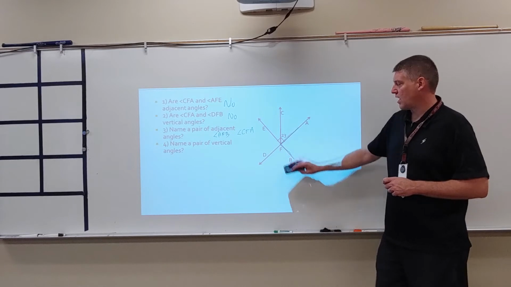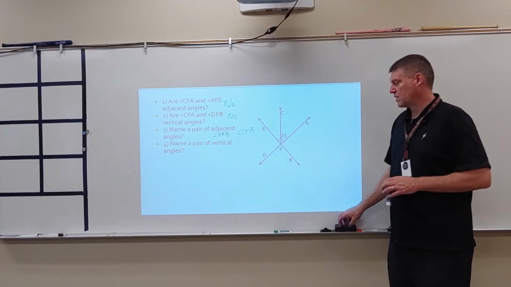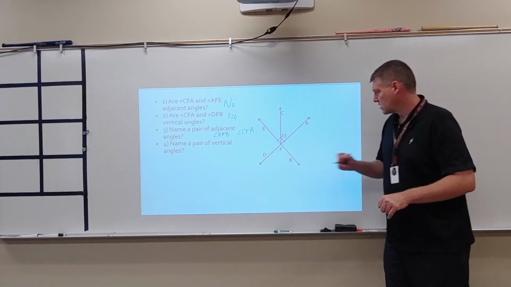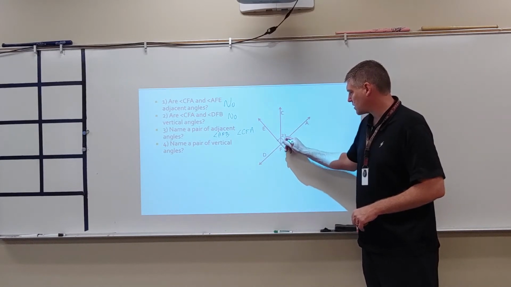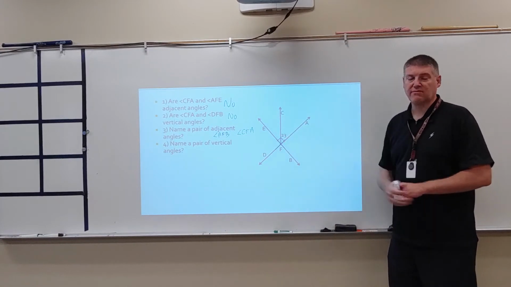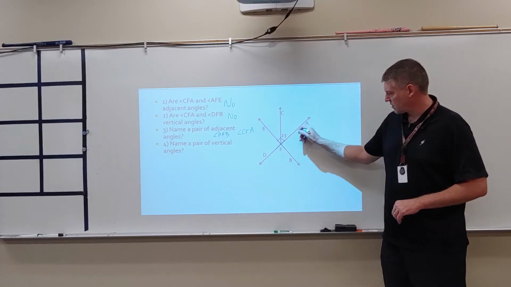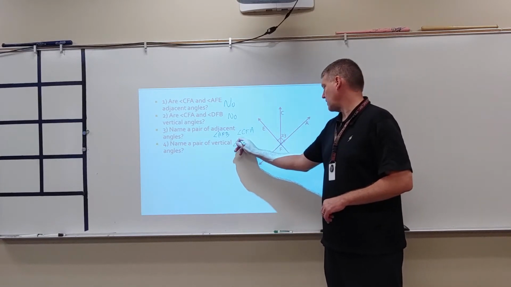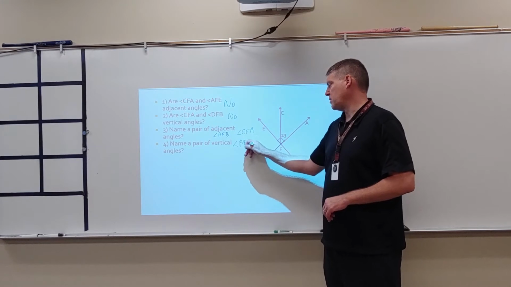Name a pair of vertical angles. For vertical angles, I have to look at that nice cross. So here I have that nice cross happening. I'm going to ignore CF right now and look at this angle here, angle AFB.